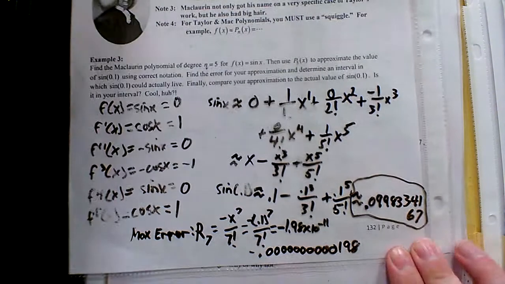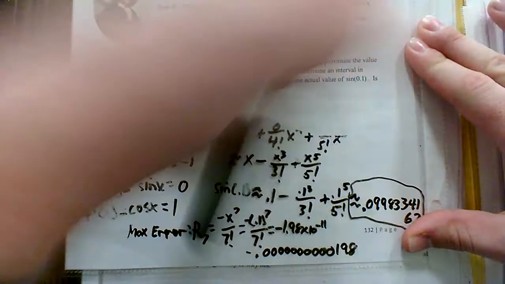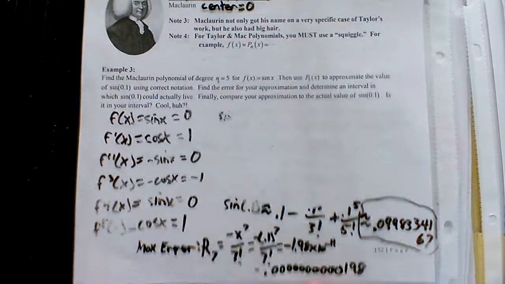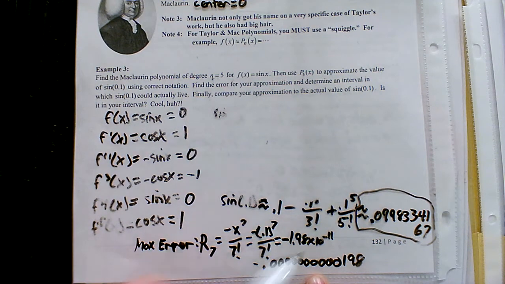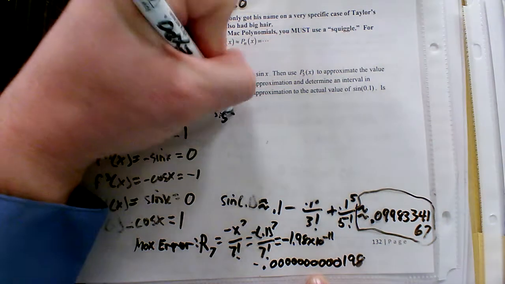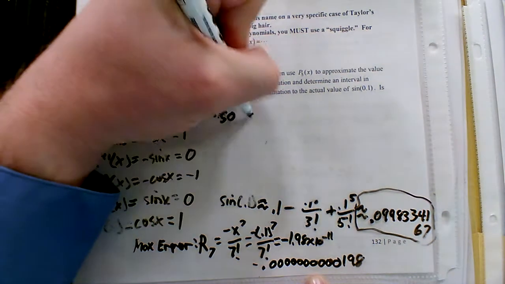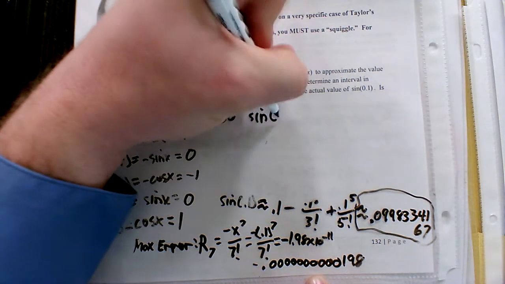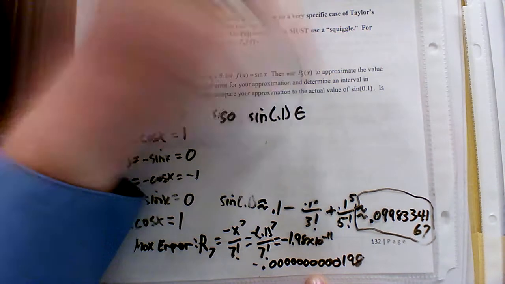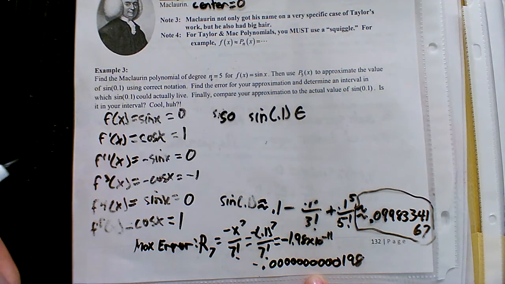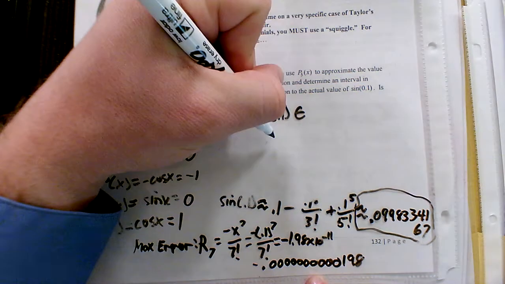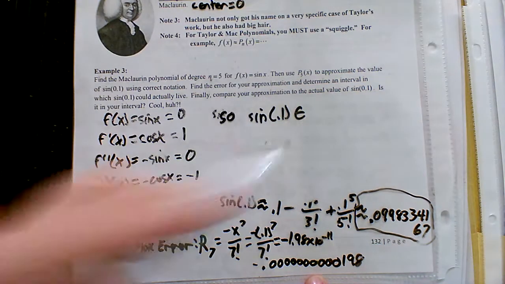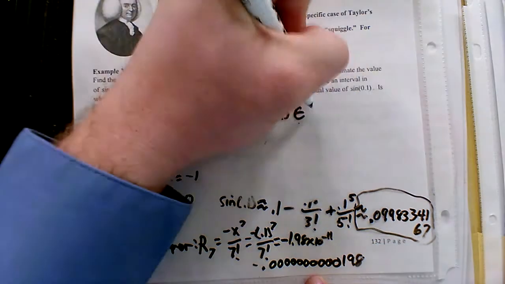So I'm going to erase this up here so I have some room. So I'm still referring to this number. So for my max error, I get this, this, and this, so my conclusion would be: sine of 0.1, and that symbol that kind of looks like an E means within. You draw a C and then put a line in the middle. That just means within.